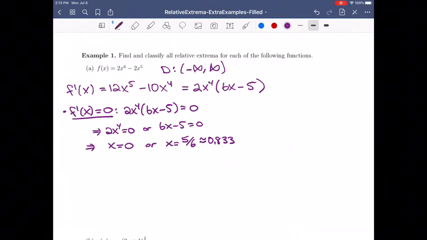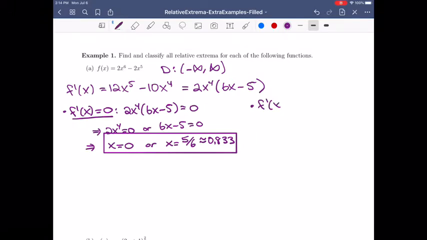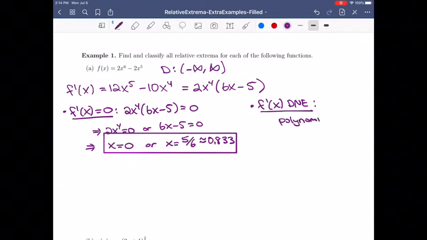So those are two critical numbers, so we might have extrema values there. And then we want to see, where does the first derivative not exist? Here it's a polynomial, which means that it always exists, so we don't have to worry about those.